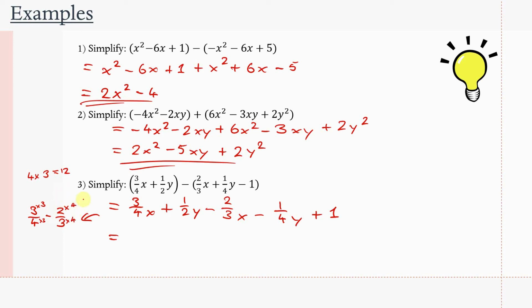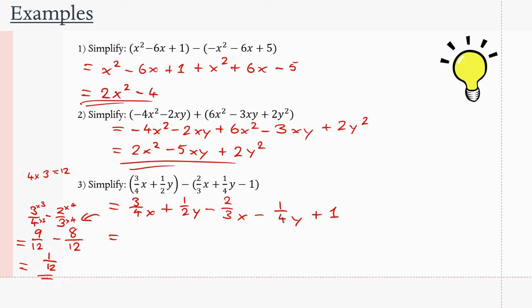If you multiply the numerator and the denominator by the same number, the number stays the same. So 3 times 3, we get 9, over 4 times 3, we get 12, minus 2 times 4, we get 8, over 12. Now if we subtract these, we'll get 9 minus 8, 1 over 12, right?